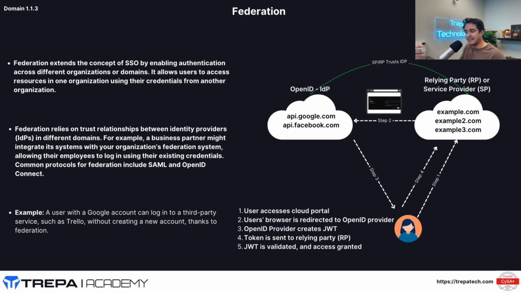Just an OpenID example here, but it gets the point across. When we go to log in, we're going to hit sign in with Google because that's what I want to use here. I put api.google.com here because this trust relationship means you're going to have to send an API request. Anyways, that's going to redirect you to your Google sign-in.